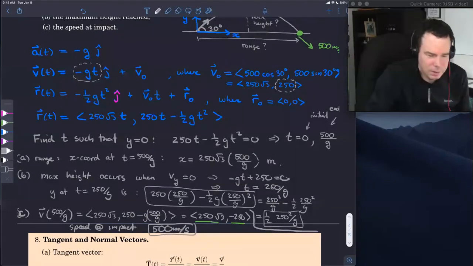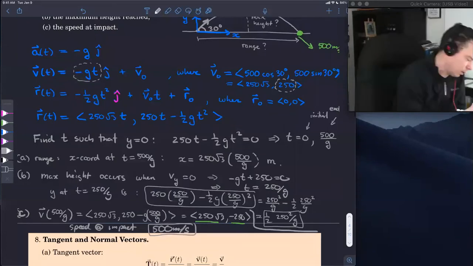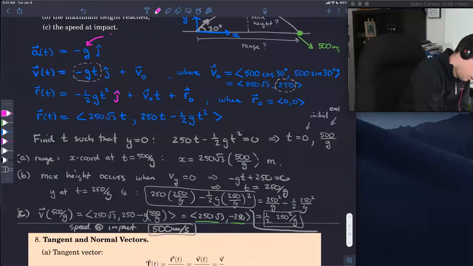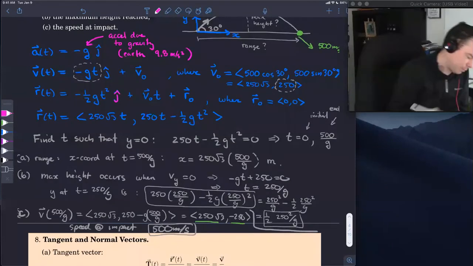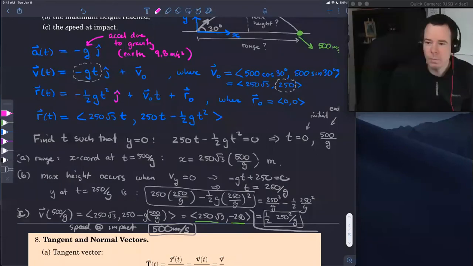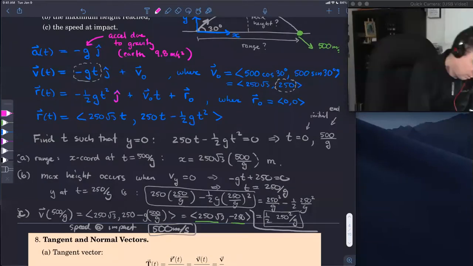g in this example is the acceleration due to gravity. If we're talking about Earth, this is about 9.8 meters per second squared. So that's what little g represents.